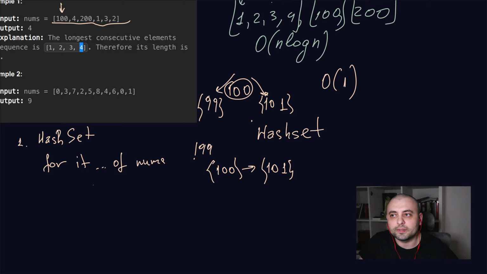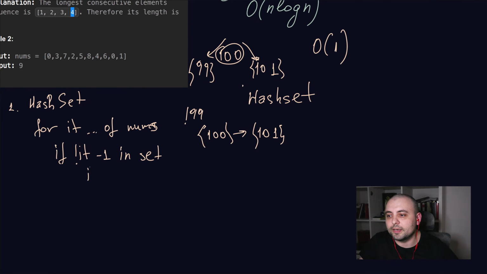If it's not a start of a sequence, we don't care, because we'll need to check only if it's a start of the sequence. So we'll be checking if our item minus 1 is not contained in the hash set. If it's not in the set, this means the item is a start of the sequence.